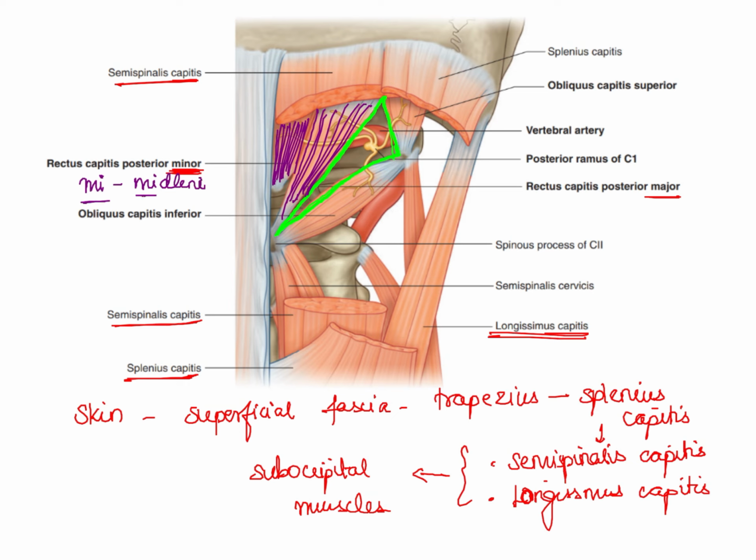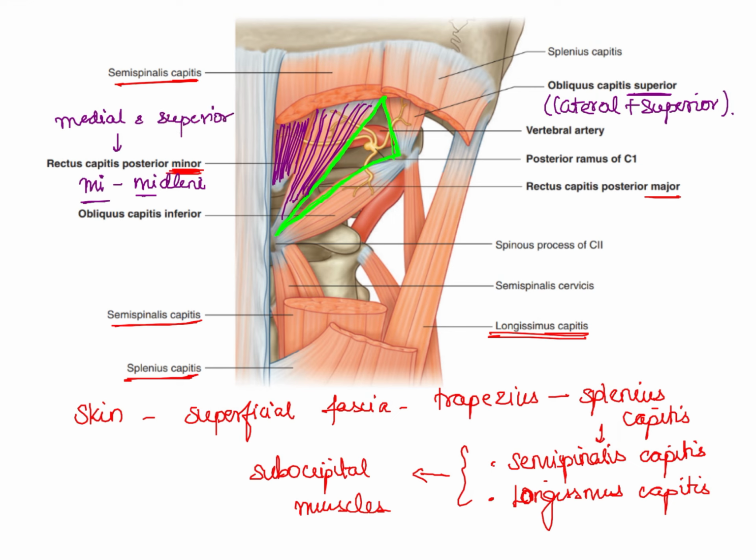Whereas the obliquus capitis superior is situated on the lateral aspect of the triangle and also on the superior aspect. Similarly, rectus capitis muscles are also present on the superior aspect, medial and superior aspect.